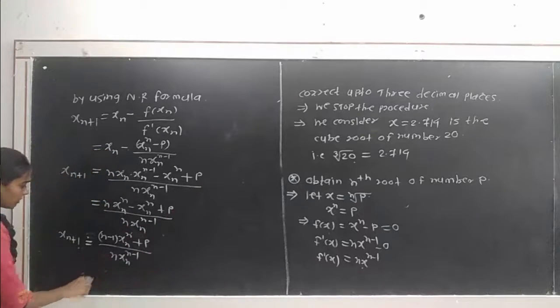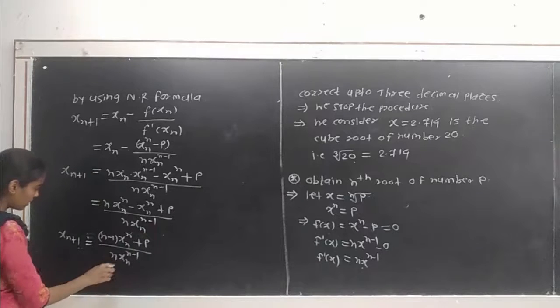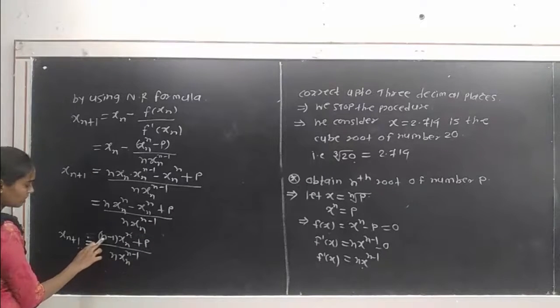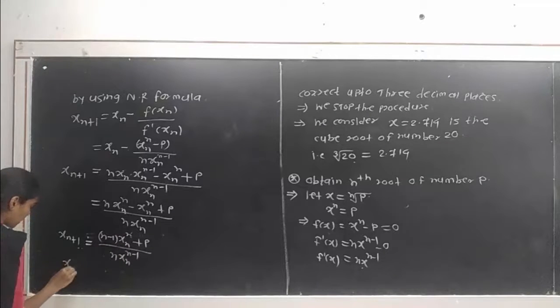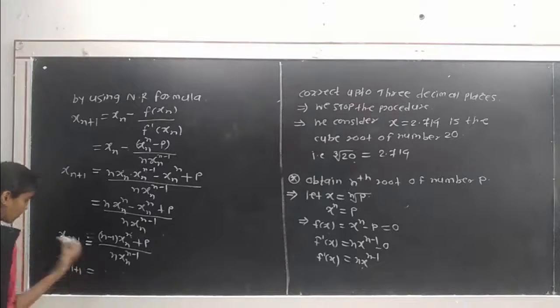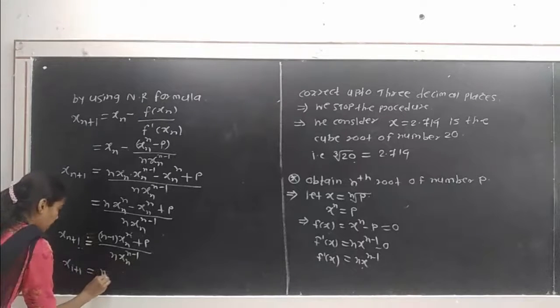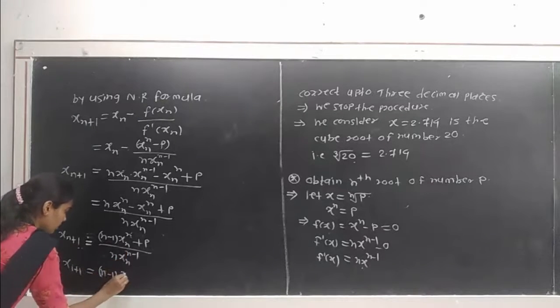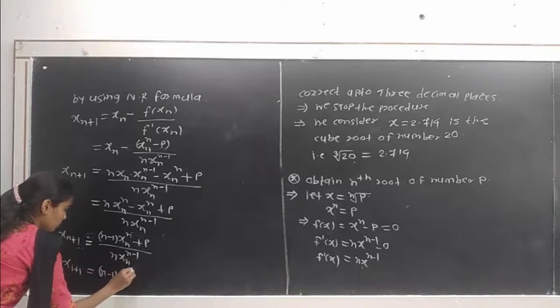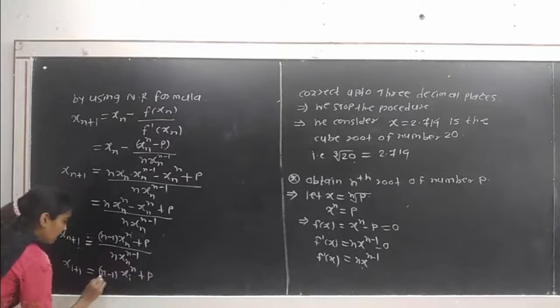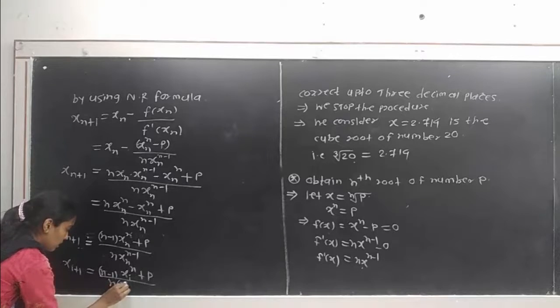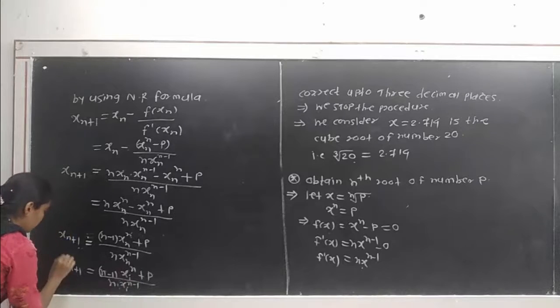Here we can change this n, distinguishing this n and this suffix n. So we write this formula as x_{i+1} is equal to n minus 1 x_i raised to n plus p divided by n into x_i raised to n minus 1.